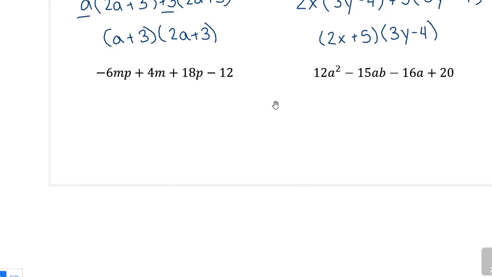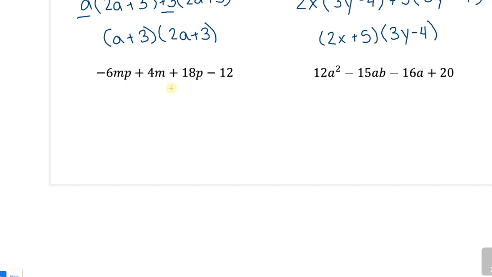Okay, let's look at the second to last one. We have negative 6mp plus 4m plus 18p minus 12. Our very first term here has a negative. The trick is normally you want to make the first term always positive, so we're going to take out a negative number here.